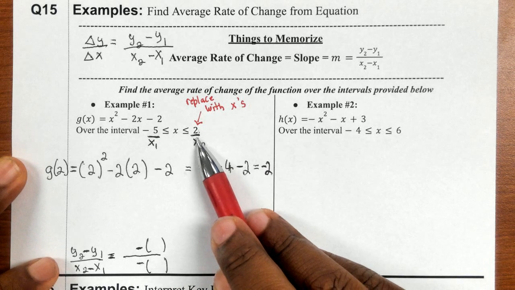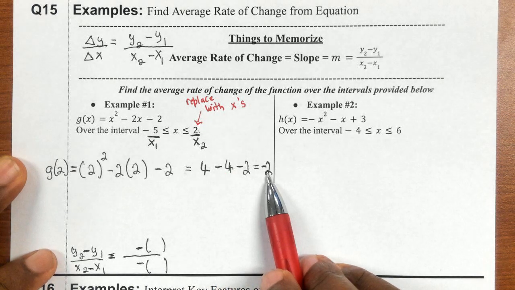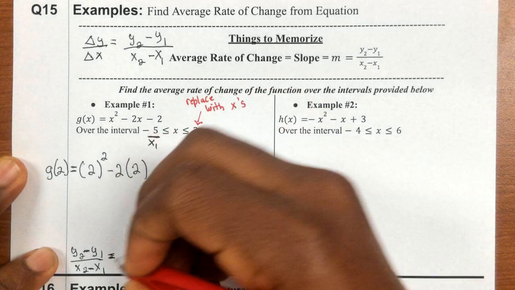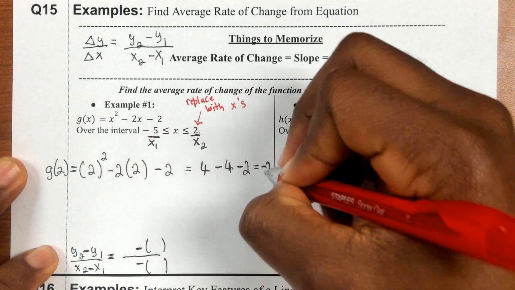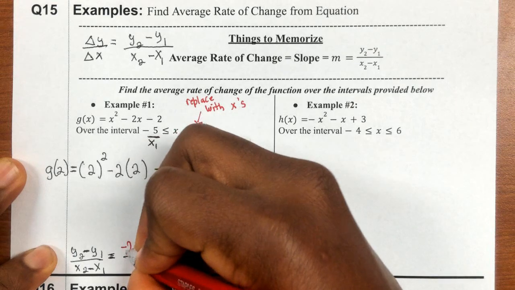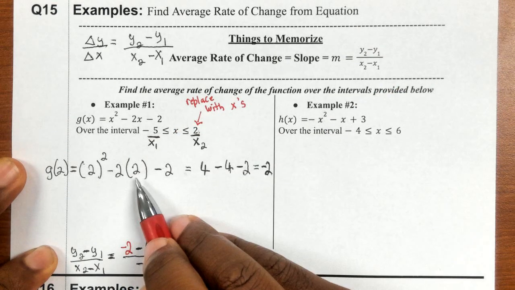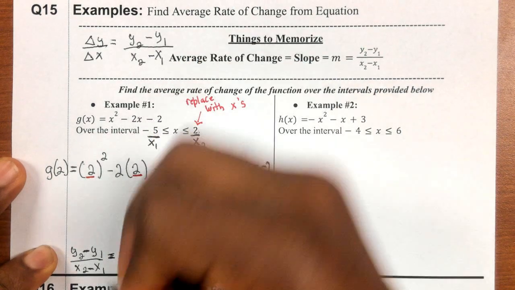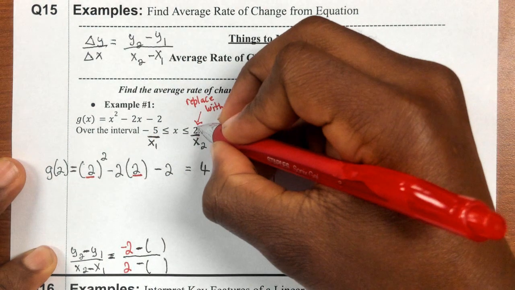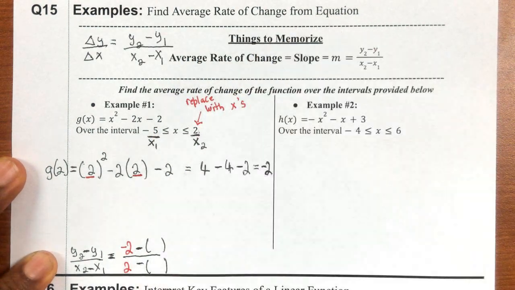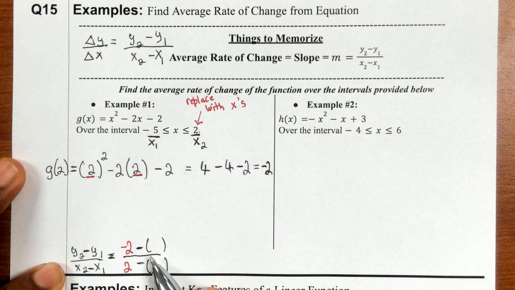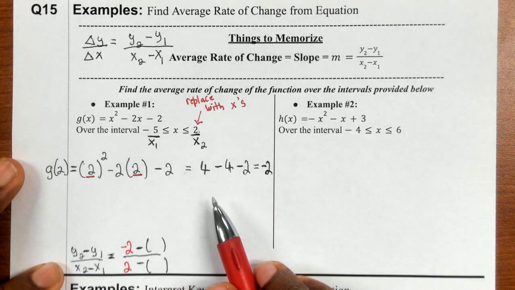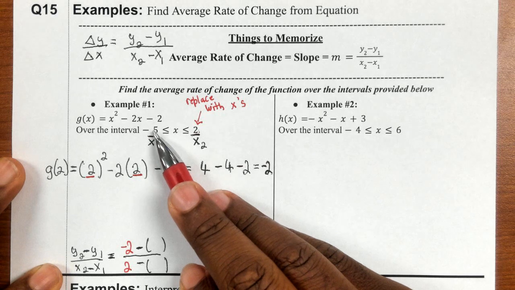So my x2 was positive 2, and the y that goes with it was negative 2. On the top, I put the y that goes with it, negative 2. And underneath, I put what I plugged in, which was positive 2. That's my x2.